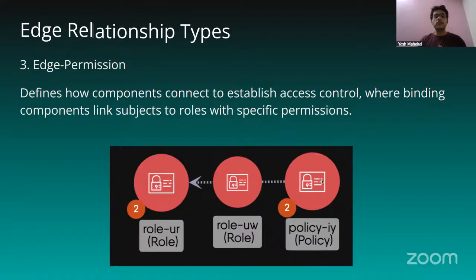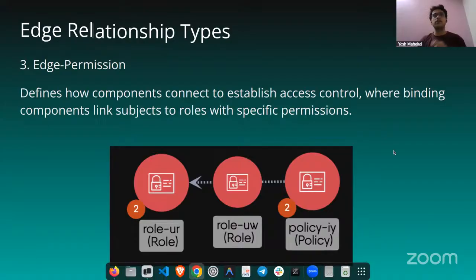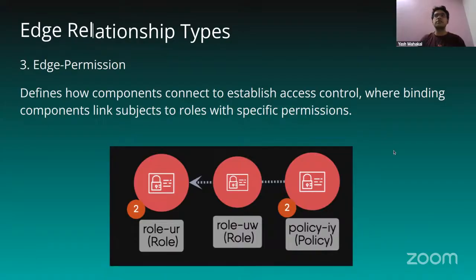If you take a look here, here is a policy, this is a role, and this is again a role. Now, what do I mean by edge permission? Some components work as a grantee, the one who will have all the permissions, and there is a set of permissions which gives the grant to the grantee.